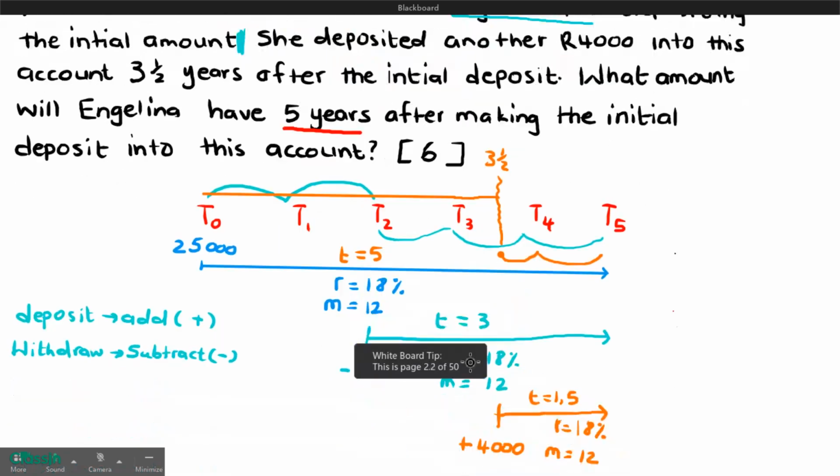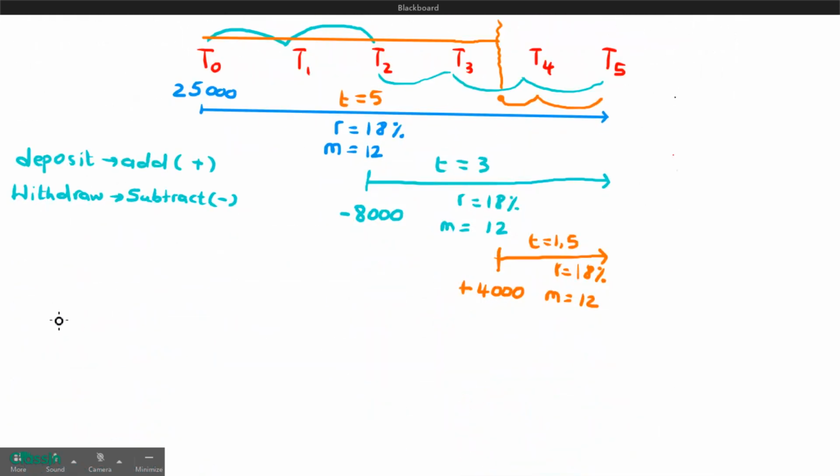So as much as we are using one account, A is equals to P into 1 plus I to the power of N. They said compounded, so we are still doing the very same thing.